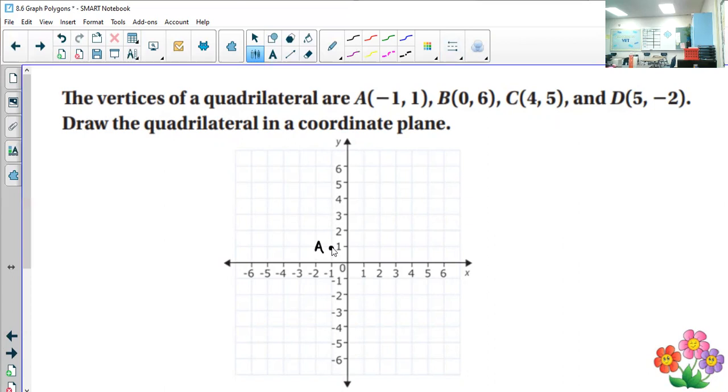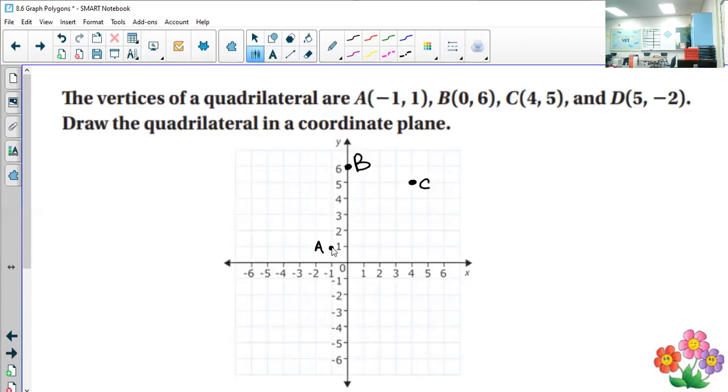And then B is 0, 6, so that's over and back, none, but up 6 because it's positive. C is 4, 5, so that's just positive over 4, up 5. And then D is 5, -2.